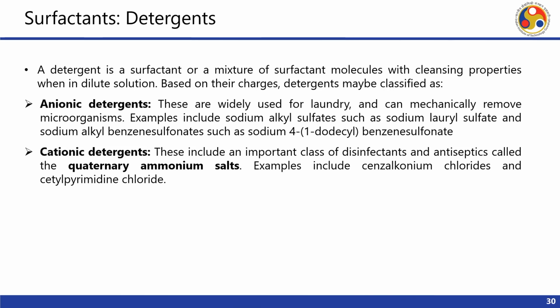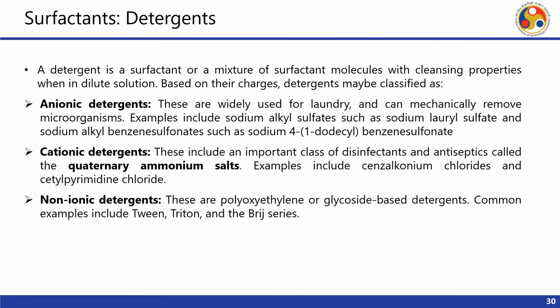Examples include sodium alkyl sulfates such as sodium lauryl sulfate and sodium alkyl benzene sulfonates such as sodium 4-dodecyl benzene sulfonate. Then we have the cationic detergents, which include an important class of disinfectants and antiseptics called quaternary ammonium salts. For example, we have benzalkonium chloride and cetylpyridinium chloride.